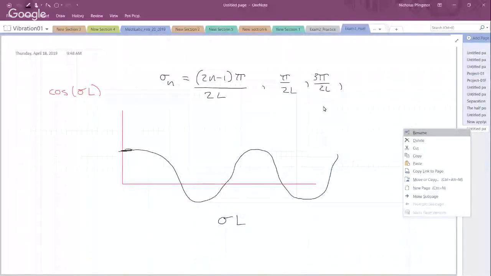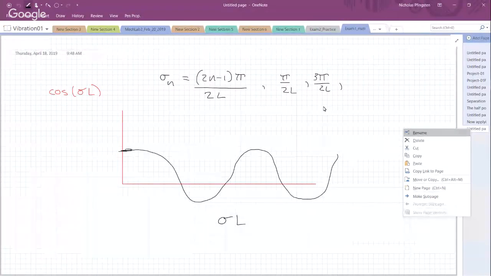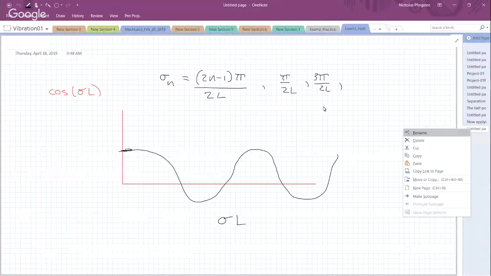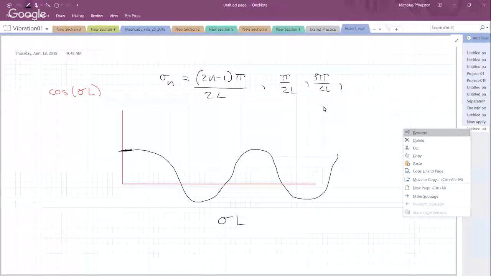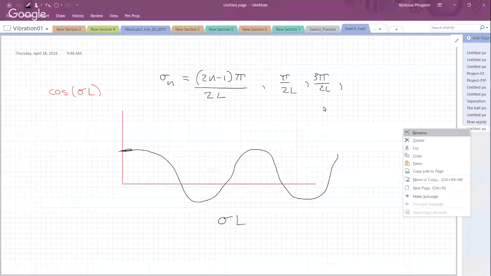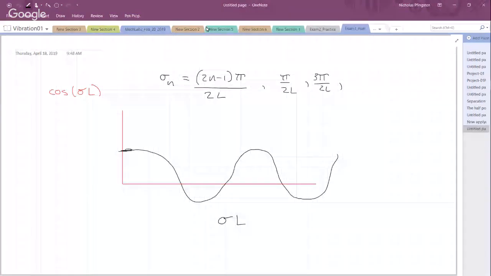In this case, we have zero values at pi, 2 pi, 3 pi, 4 pi. In this case, the values of sigma L are where sine of sigma L equals 0. So, to answer your question, yeah, it's complicated.